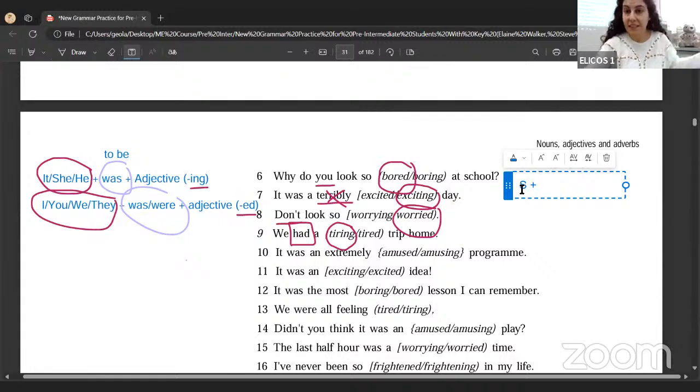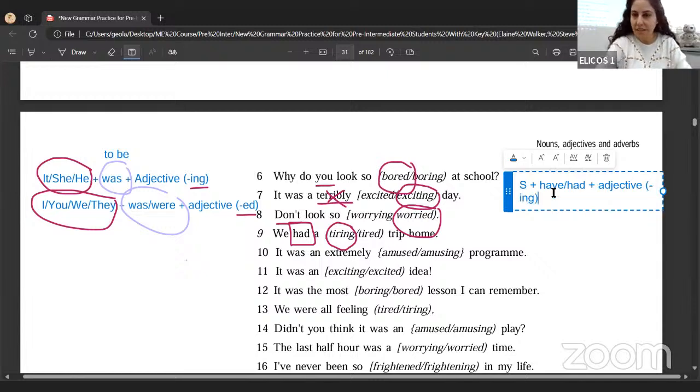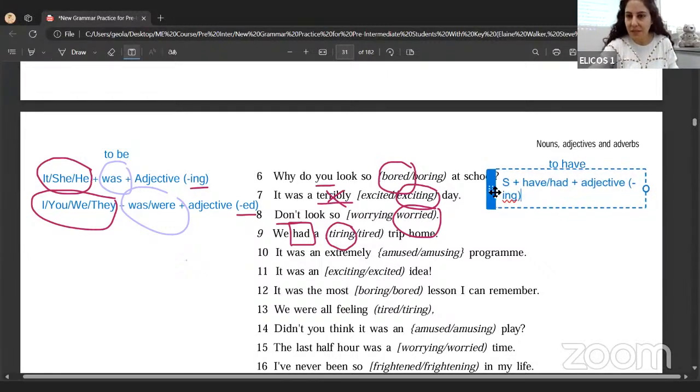We did this in the beginning of the lesson. Subjects are I, you, he, she, it, we, they. So all subjects plus "have," or in the past "had," and then the adjective will be in the -ing. It's a bit of an opposite rule here.